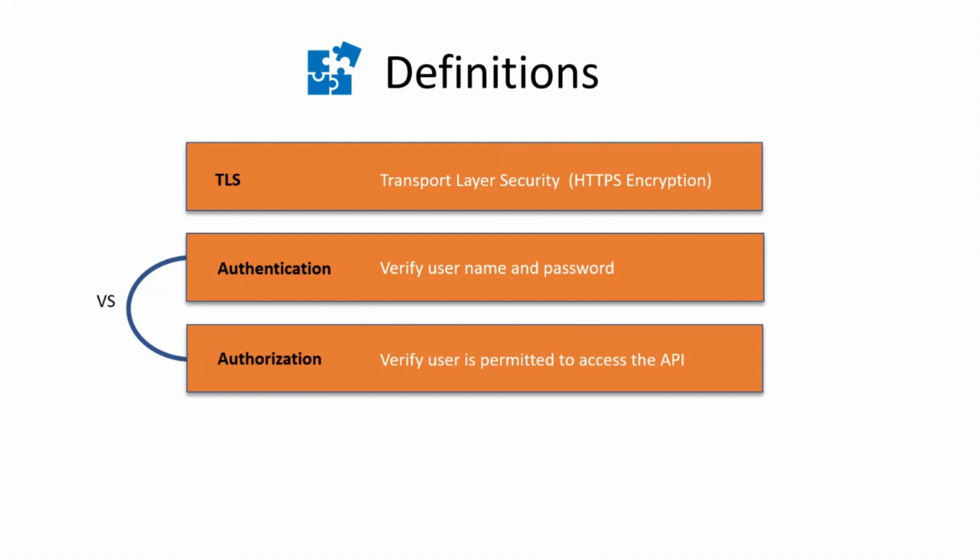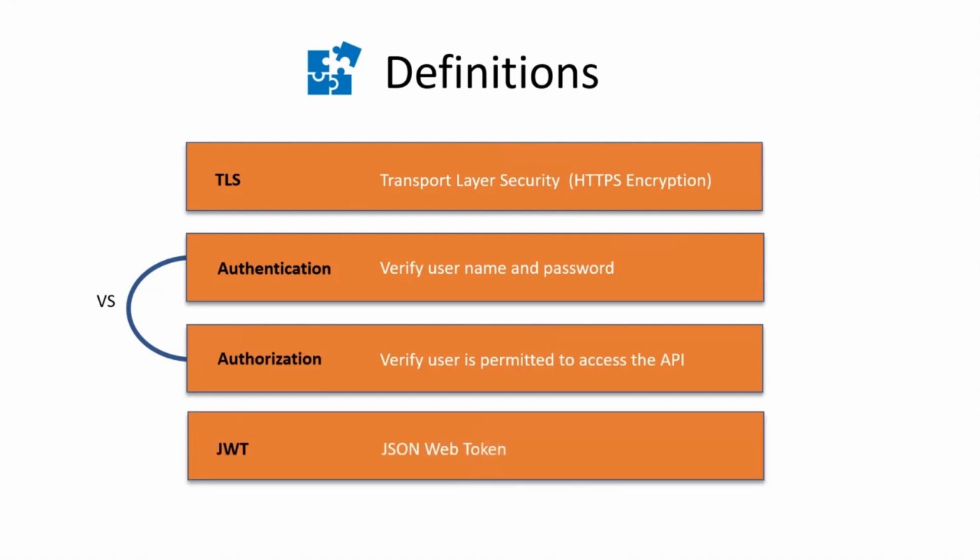We're talking about authorization, and that's the process of verifying that the person who's requesting resources, in other words, accessing one of our APIs, is permitted to do that. And then last but not least, JWT means JSON Web Tokens. And so we're going to talk a little bit about how these tokens are used to further secure the communication between those two servers.